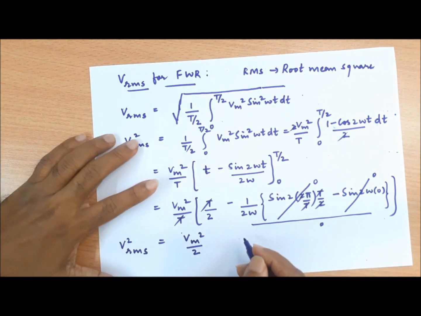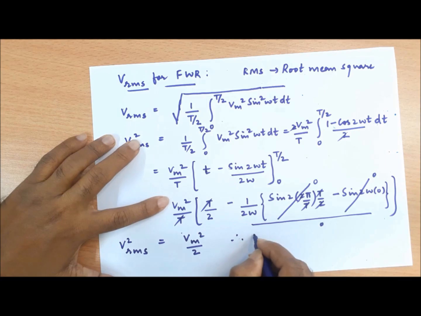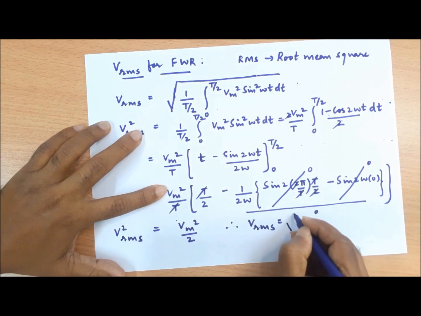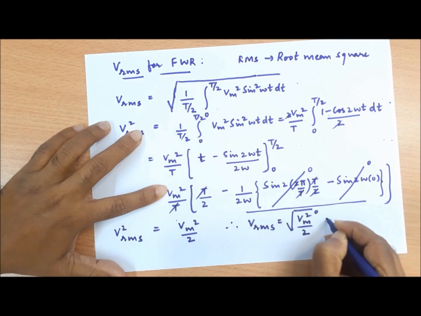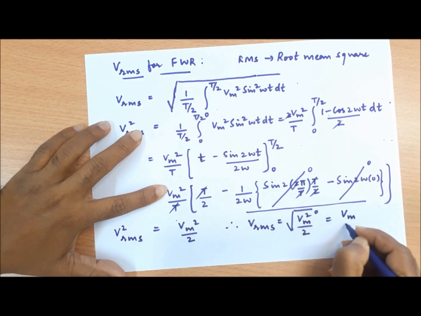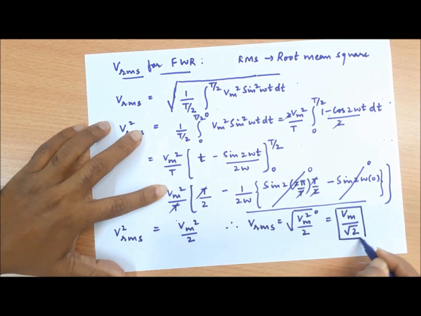But we want VRMS, so VRMS is equal to the square root of Vm square upon 2, which is Vm upon square root of 2. So that is the expression for VRMS.